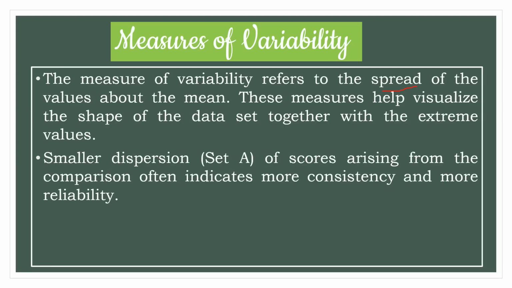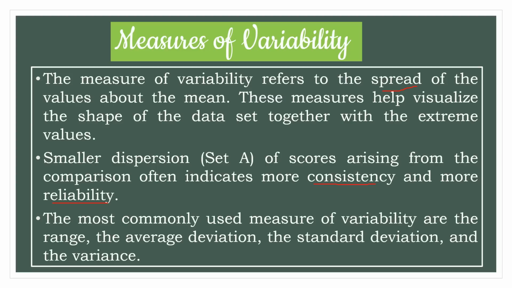Smaller dispersion of scores arising from the comparison often indicates more consistency and more reliability. On the other hand, if it has a greater dispersion, then it means that the data is less consistent or less reliable.